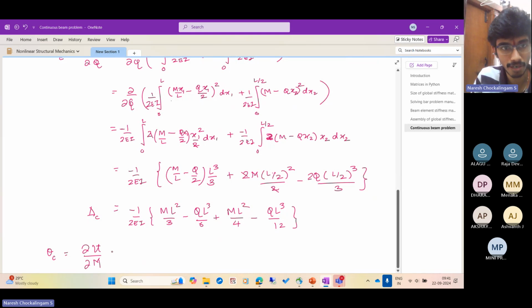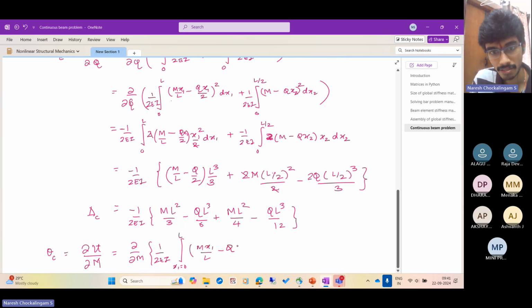It is dou by dou m of, I can take the 1 by 2 EI outside, so it is 1 by 2 EI integral x1 going from 0 to L of (m x1 by L minus q x1 by 2) whole square dx1 plus 1 by 2 EI integral 0 to L by 2 of (m minus q x2) the whole square dx2.